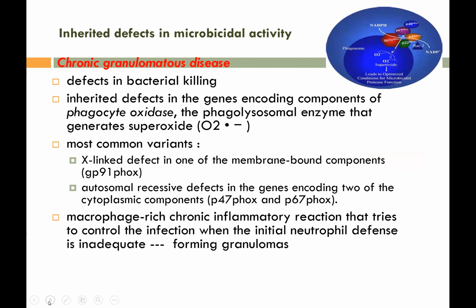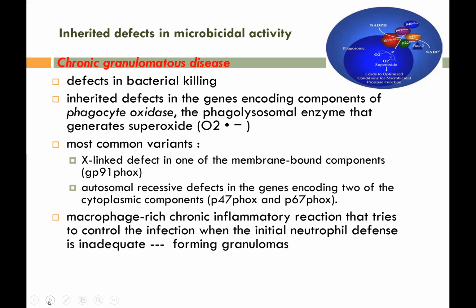Now, for chronic granulomatous disease, this is characterized by problems in bacterial killing, which renders the patient susceptible to recurrent bacterial infection. It is resulting from inherited defects in the gene encoding components of phagocyte oxidase, the phagolysosomal enzyme which generates your superoxide.